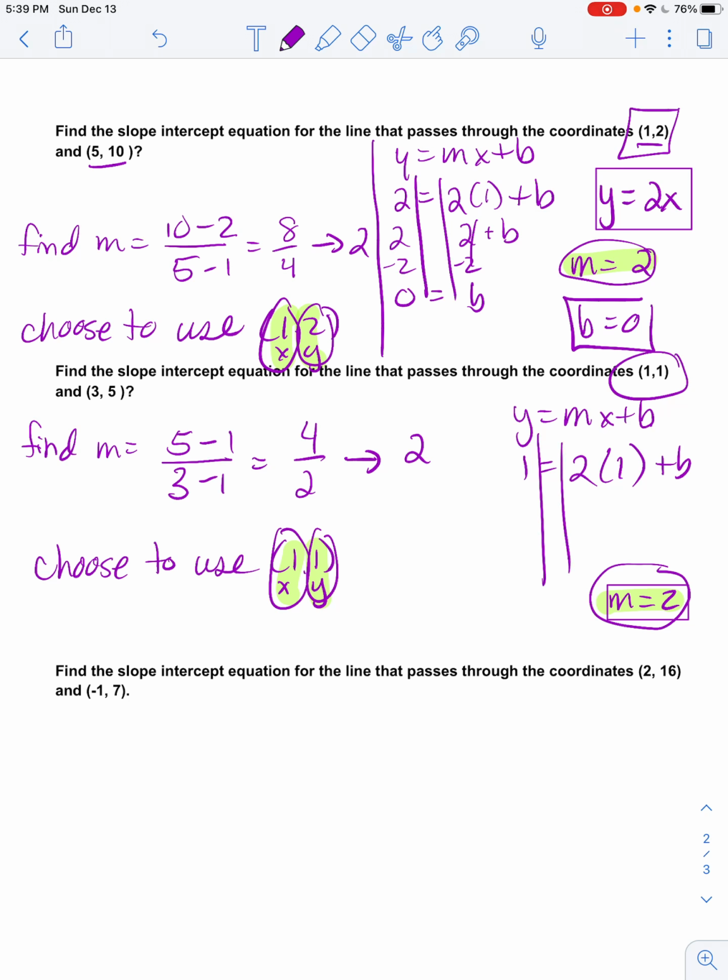And I'm going to do a little bit of math. 1 equals 2 plus b. Taking away that 2, b equals negative 1. So if m is 2 and b is negative 1, I have my 2 puzzle pieces. I write y equals my m, x, and then my b value.